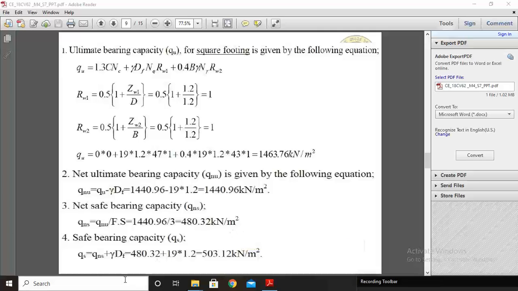Then calculate safe bearing capacity. Qs is given by the equation Qs equals Qns plus overburden pressure gamma into Df. So here Qns is 480.32 plus gamma is 19 into Df, depth of the footing, is 1.2. So the answer is 503.12 kilonewton per meter square. This is the solution for square footings.